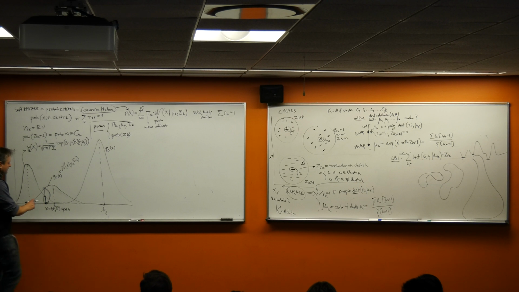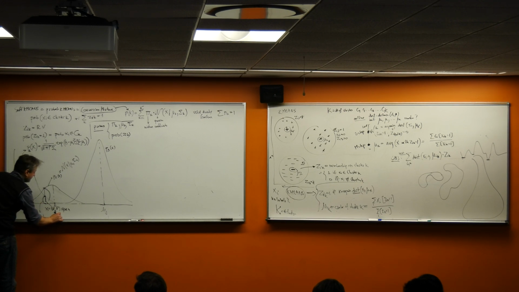So this, how do I write this? This one here is the probability of Zi, this is the second Gaussian, right? This one here is the probability of Zi3 equal 1.